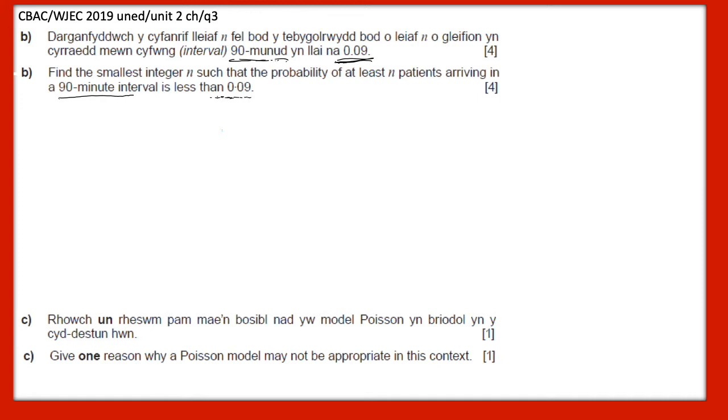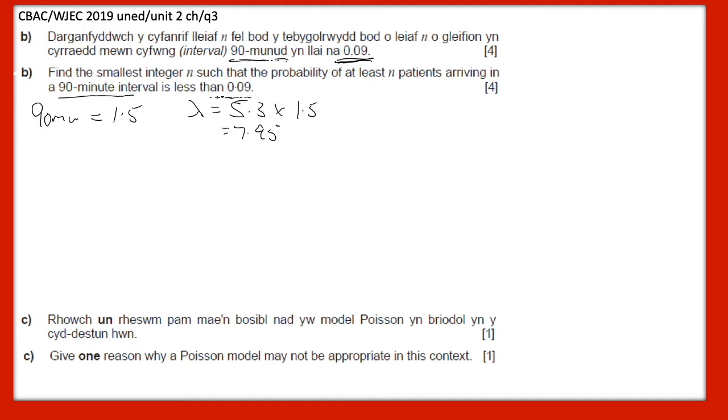Now, doing my best sums, I know that 90 minutes is 1.5 hours. Therefore my parameter in this particular case is going to be the 5.3 I had before multiplied by 1.5, which will give me 7.95.